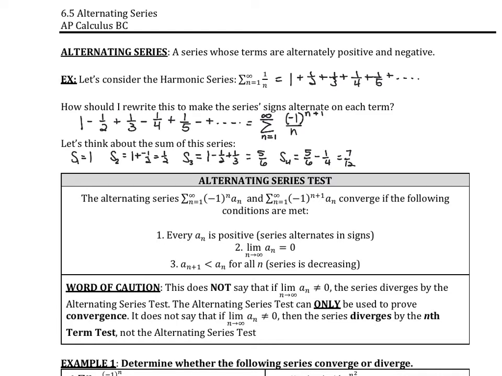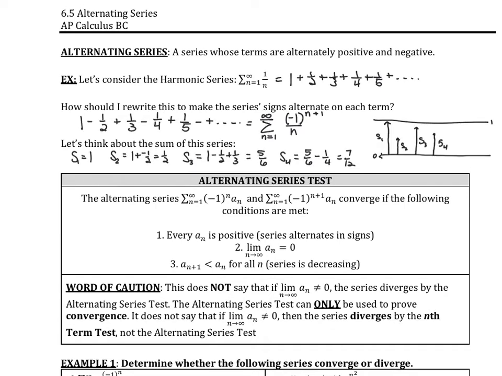So let's think about what this might look like if we were to draw these partial sums on a graph. Well, we'd start at 0, and we'd go to 1. And my first partial sum would be 1. And then my second partial sum would be 1/2. That'd be partial sum 2. And my third partial sum would be 5/6. And my fourth partial sum would be 7/12, so just above a half.